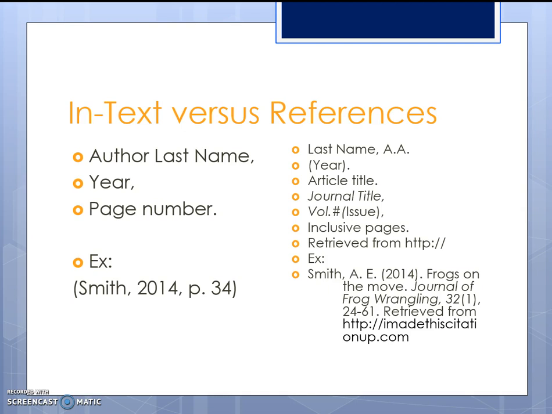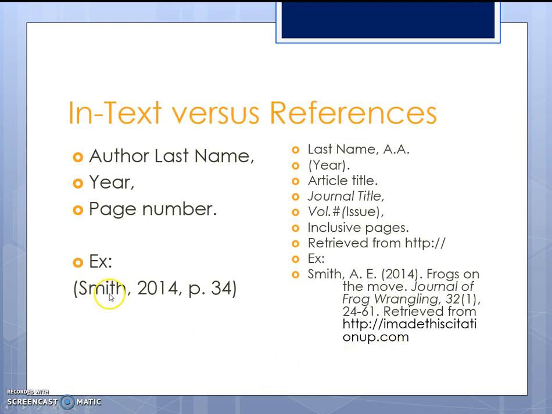Now, I want to talk a little bit about what a citation actually is in APA style. APA style citations actually consist of two pieces: the in-text citation, which I have an example of right here, and the references citation. Now, these are actually the same work.